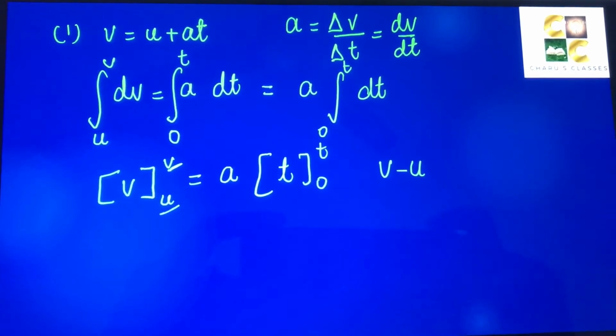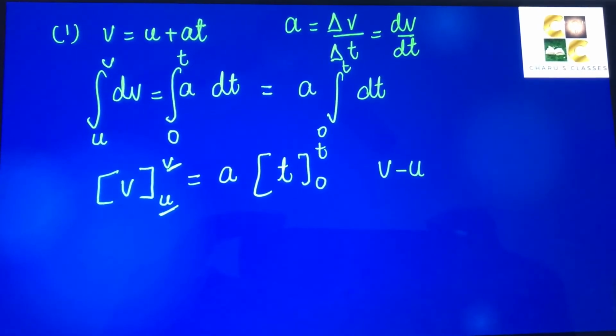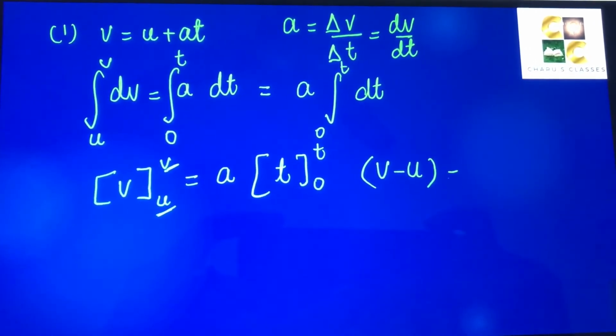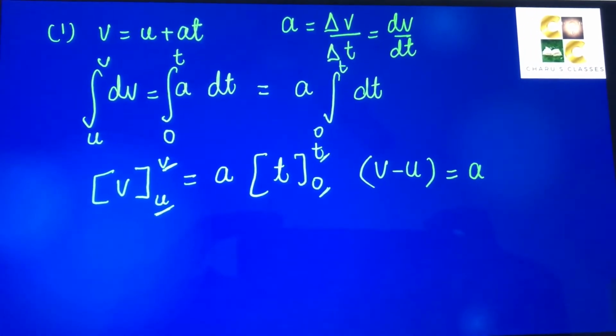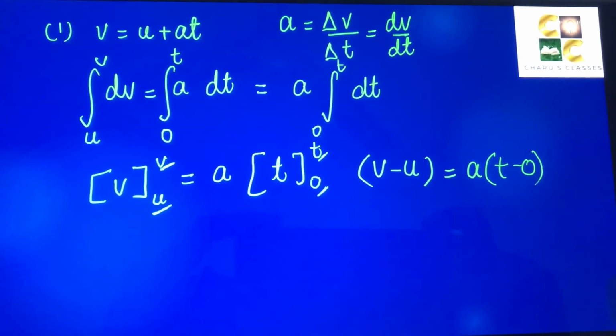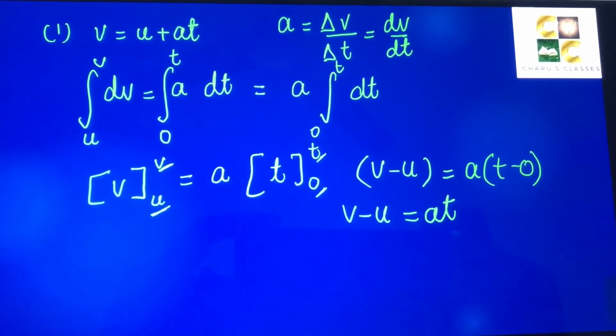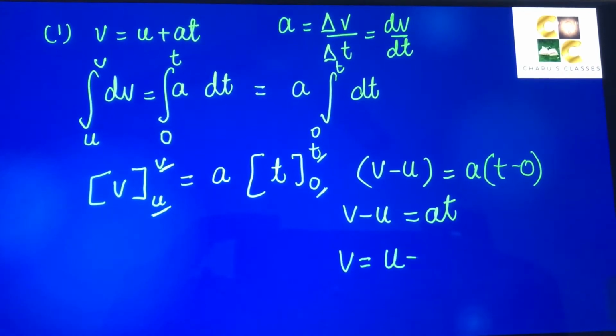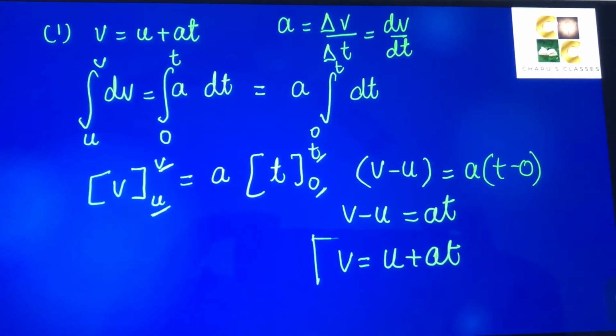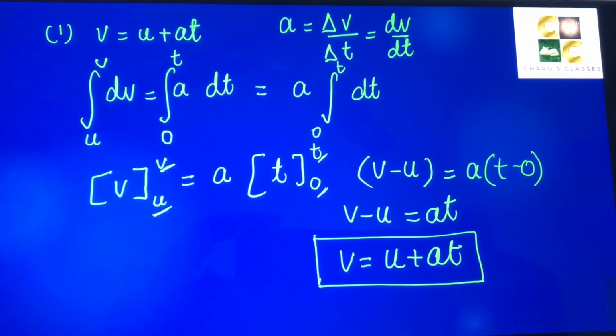We put this value minus this value. So v minus u is equal to a. For t, we'll put t and 0. So t minus 0. Or v minus u is equal to at. Or v can be written as u plus at. This is the derivation for our first equation of motion.